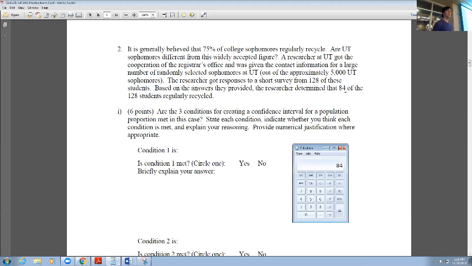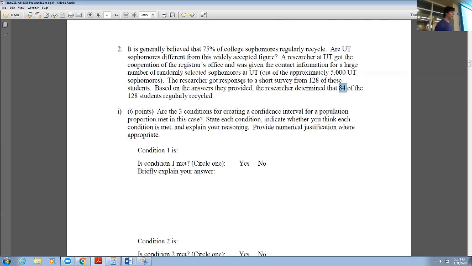So does everyone see that np hat, or x over n times n, equals x? Because what is x over n? x over n is equal to p hat, but if you times that by n, you just get x.